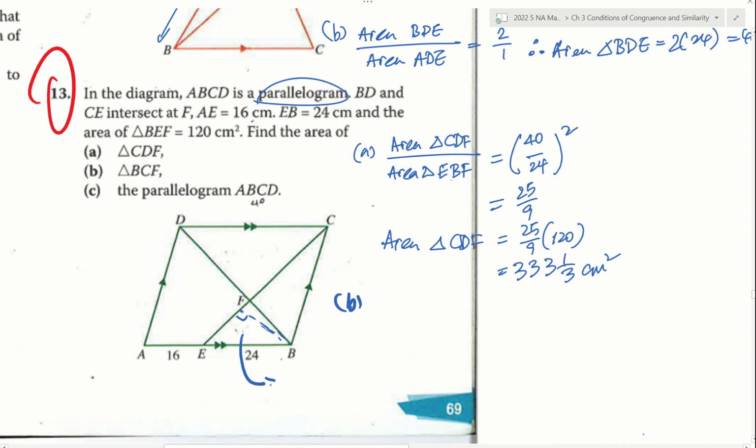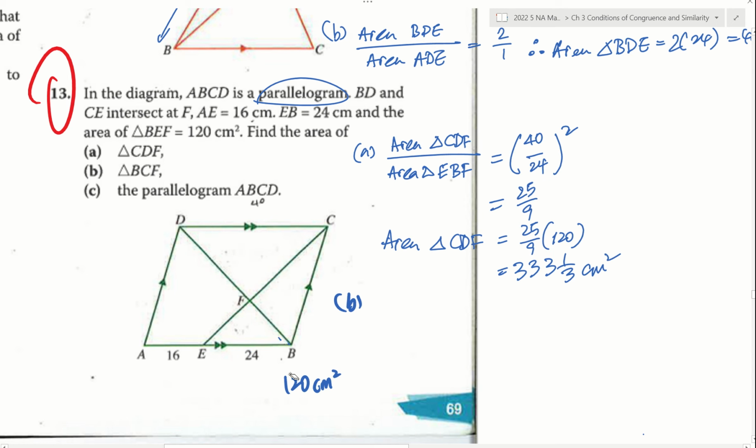So this was known to be 120 square centimeters. Then what do you do? So you still need the 3 and the 5. Yeah, it's the same. It's just you use this triangle instead of this triangle. So both will work.